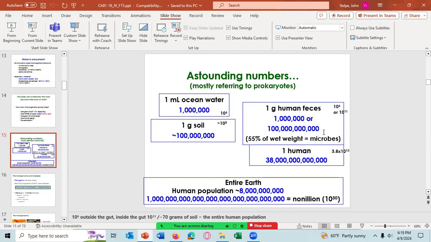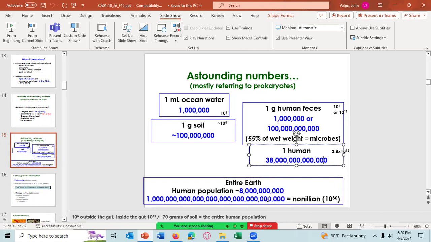Obviously, if you had fecal matter that you find in the Sahara Desert and it's been dried out, you'll have much less, down to 1 times 10 to the 6 microbes per gram. But most of us don't go to the bathroom in the Sahara Desert, so we'll have around 10 to the 11th. One human, we've got about 3.8 times 10 to the 13th microbes in and on us.